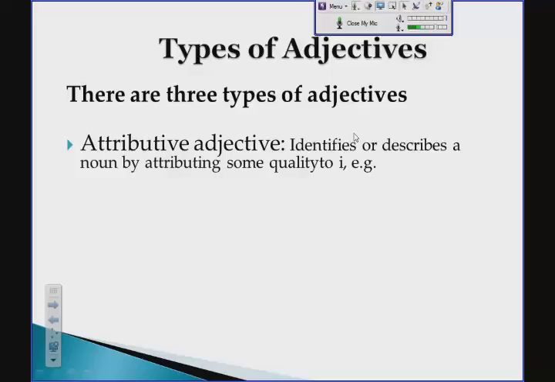Its function is to identify or describe a noun by attributing some quality to it.